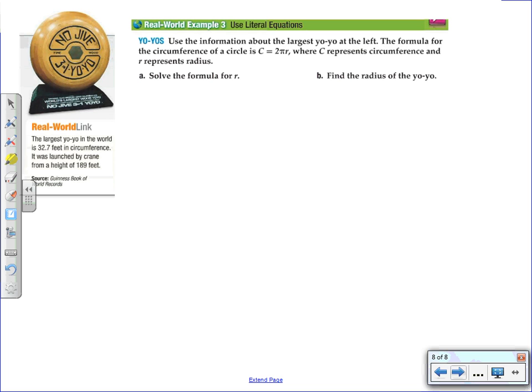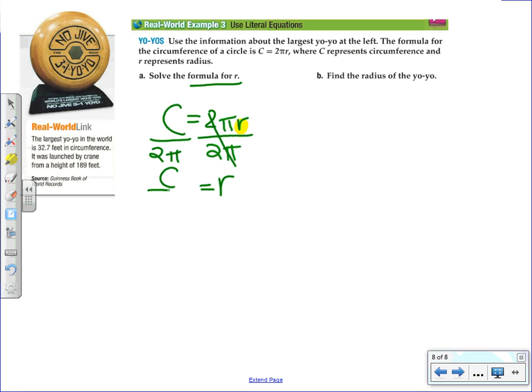Okay? So first we're going to solve our formula for r. So we have c equals 2 pi r. We want to solve the formula for r because that's what we need to know. So what are we going to do? We're going to divide both sides by 2 pi. Divide by 2 pi. And we find out that r equals c over 2 pi.